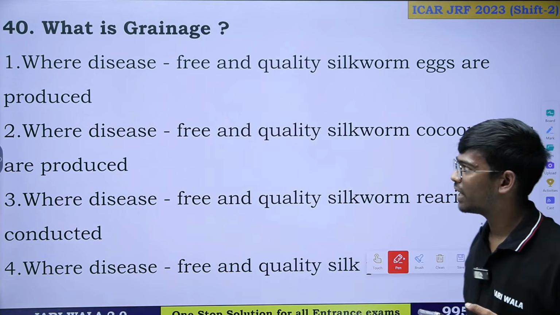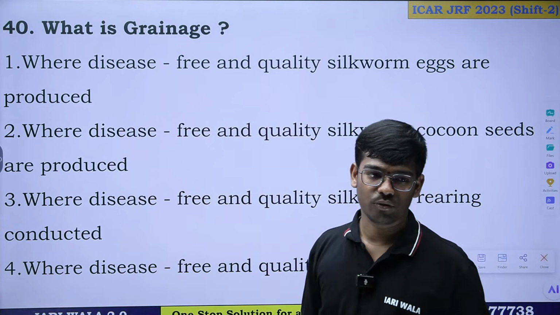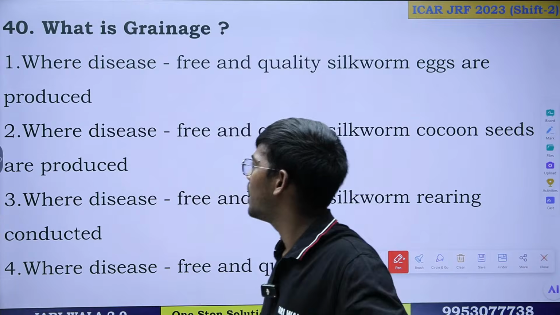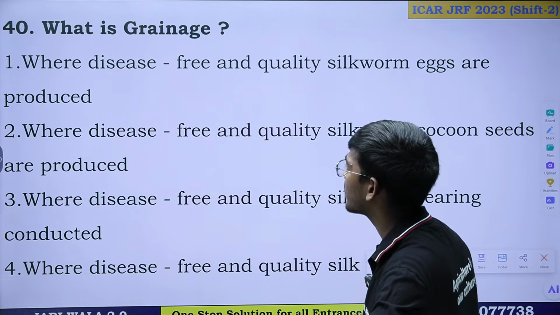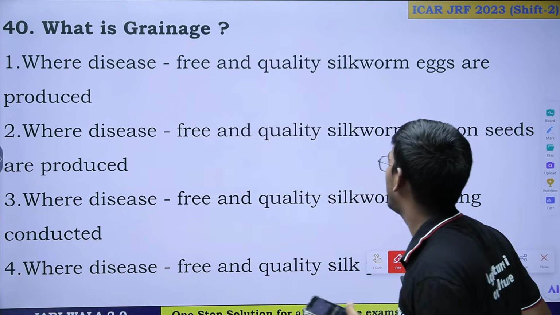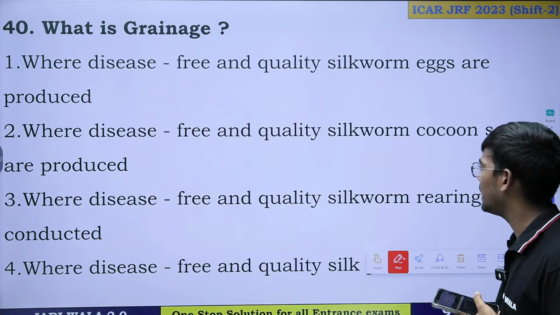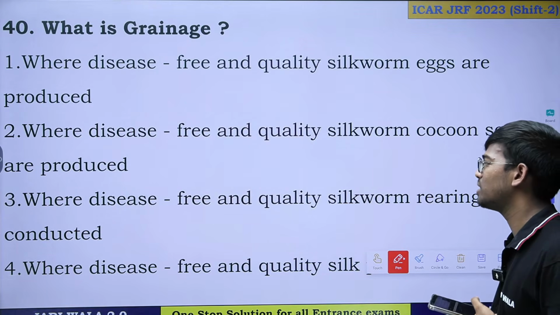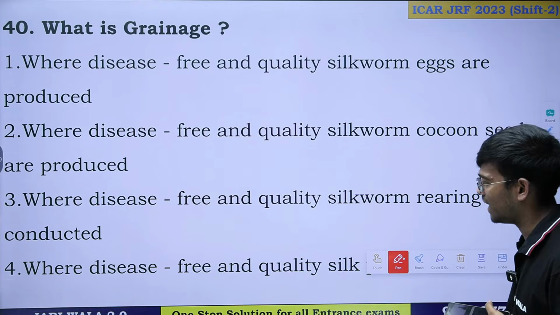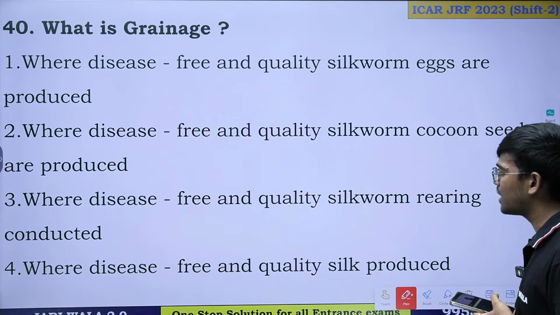So coming to the next question: what is grainage? This was asked in ICAR JRF 2023 Shift 2 paper. They have given four options: where disease-free and quality silkworm eggs are produced; where disease-free and quality silkworm cocoon seeds are produced; where disease-free and quality silkworm rearing is conducted; and where disease-free and quality silk is produced.